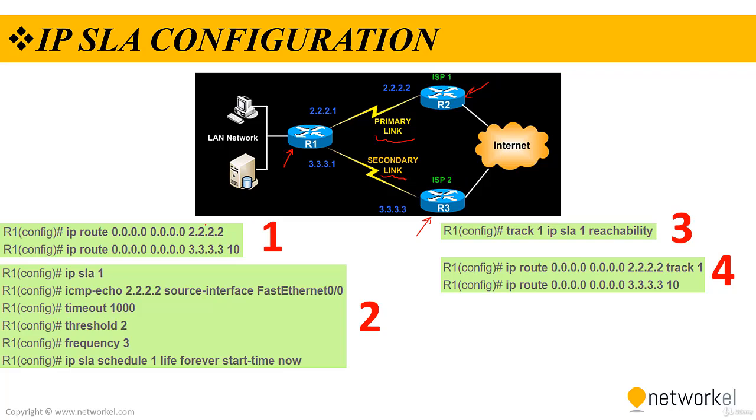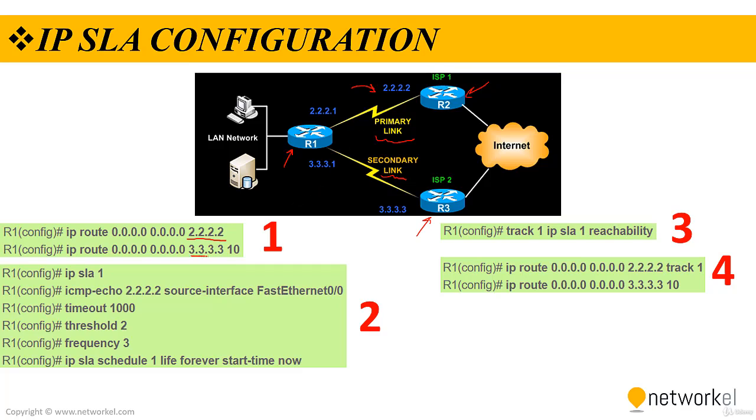Okay. So when we check the configuration of router 1, we can see that router 1 has two default routes. In the first step, you can see that the first default route is pointing to 2.2.2.2, and that is here, that is router 2.